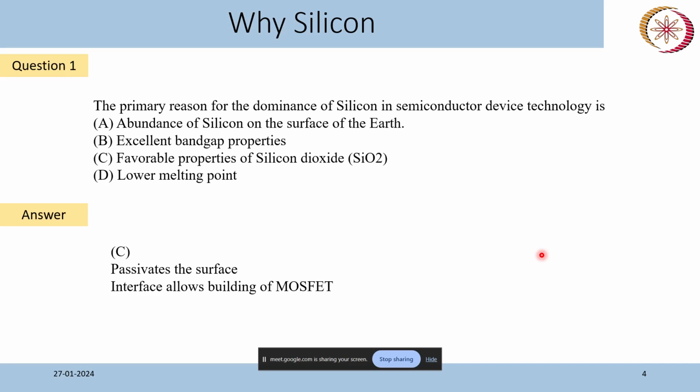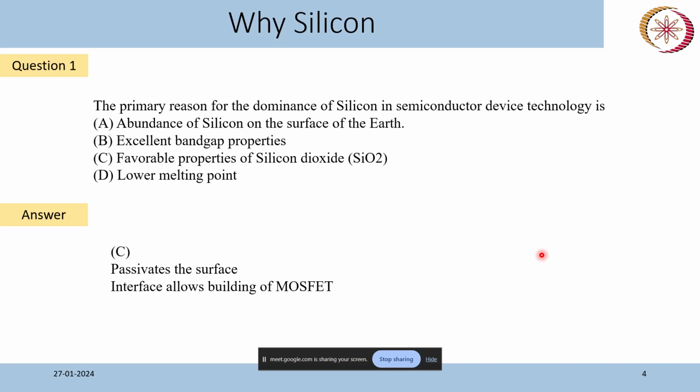Okay, and what about the other options, like the first option, abundance of silicon on the surface of the earth? This is also one reason, though not one of the main reasons.